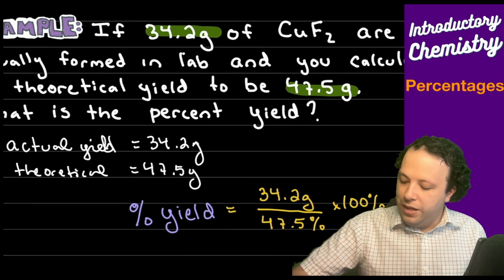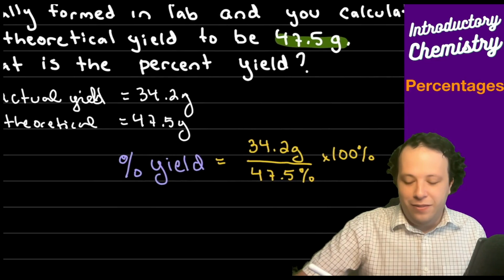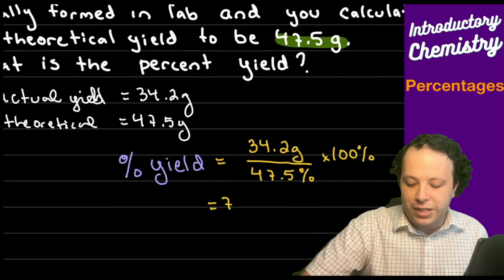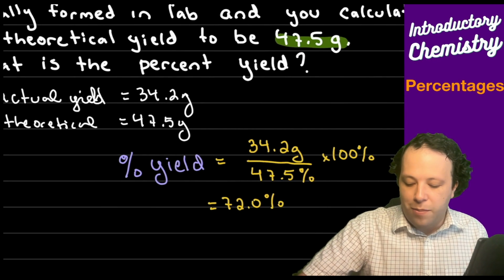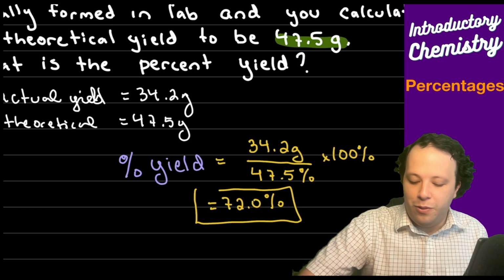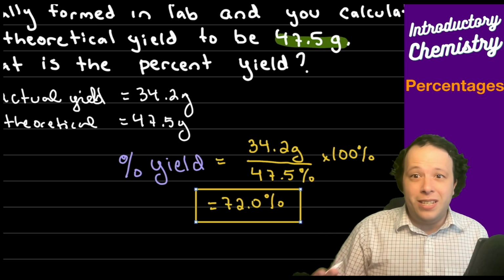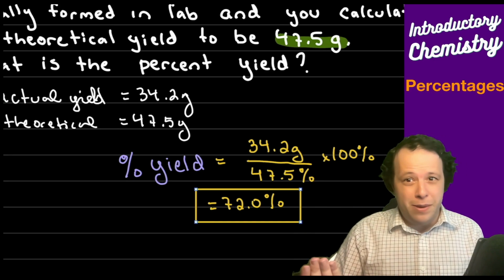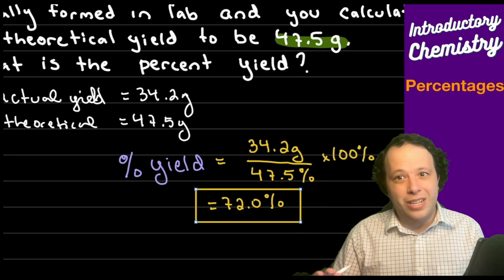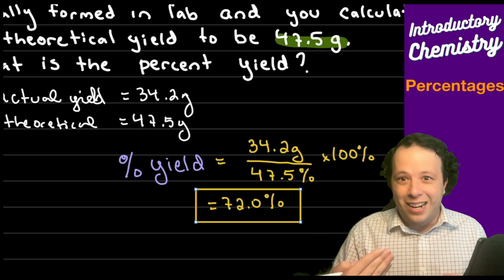When we do that, we are going to get a value of 72.0% as our percent yield, which is pretty good for a first-time experiment, especially when you're in general chemistry. The closer you are to 100%, the better you did, but there's always going to be some errors along the way, which is perfectly okay. You just have to think about it and analyze it.